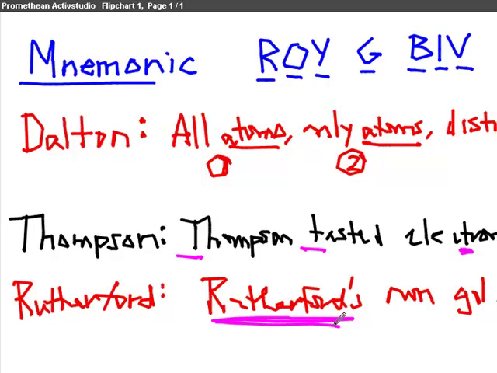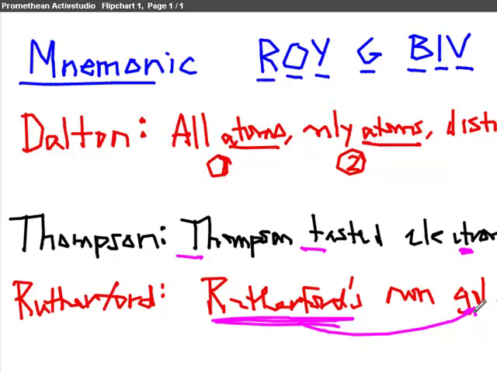So Rutherford, we thought, is a very aristocratic type of name. They have a lot of money or gold. So Rutherford used the gold foil experiment to look at what makes something gold. The number of protons.